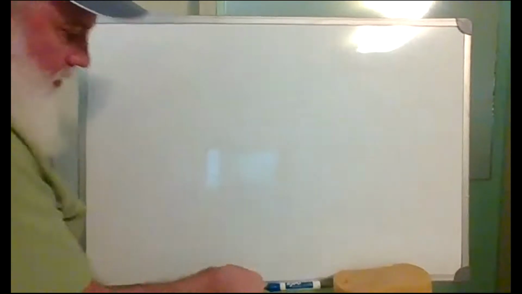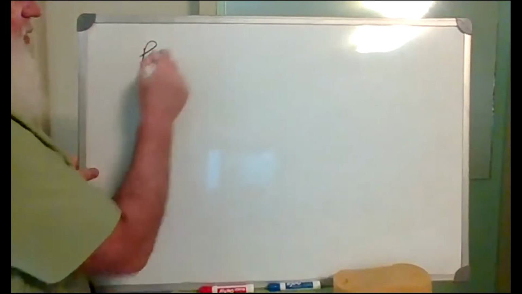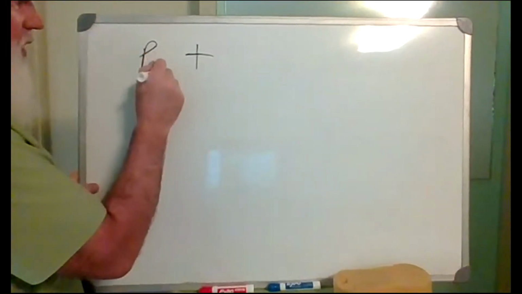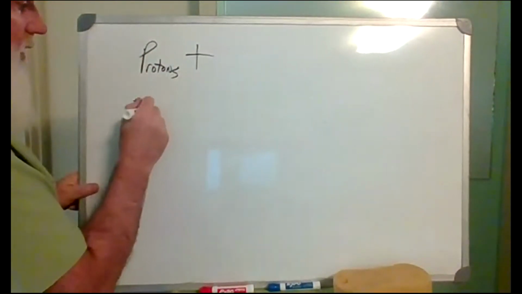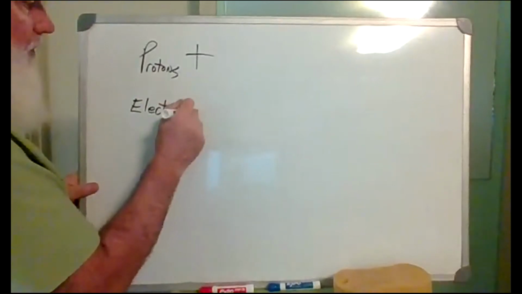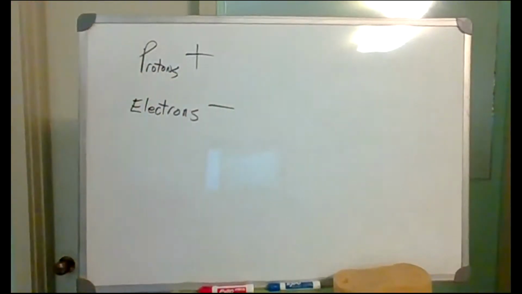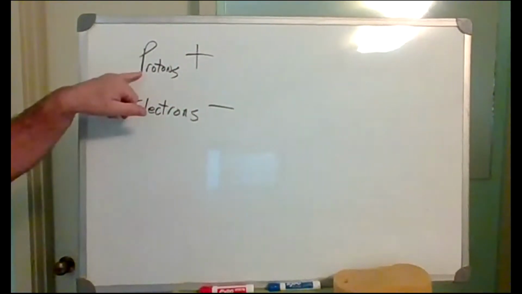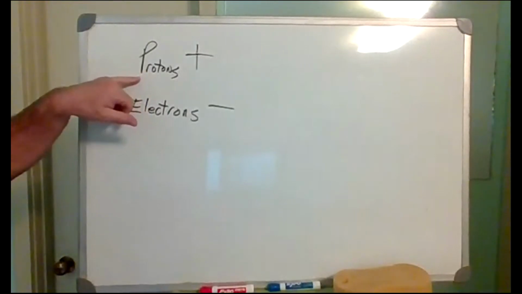Inside atoms, we have protons, which have a positive charge, and electrons, which are negative. If we have a carbon atom, you know it has 6 protons because carbon's atomic number is 6.